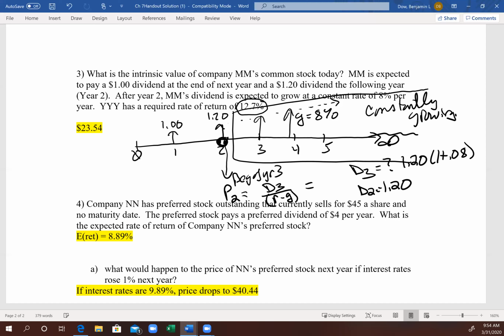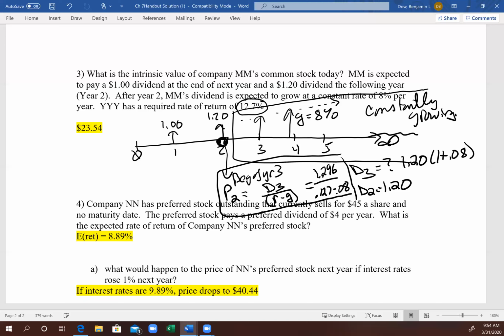So in this case, D3 at $1.20 for D2, D3 is going to end up being $1.296. The required rate of return was 12.7, and the growth rate was 8. Okay.